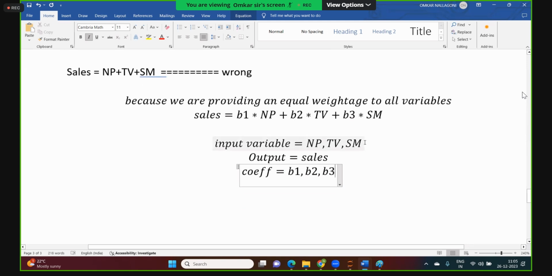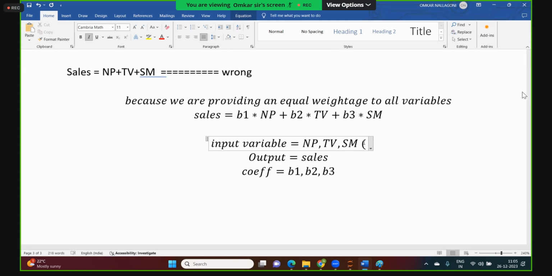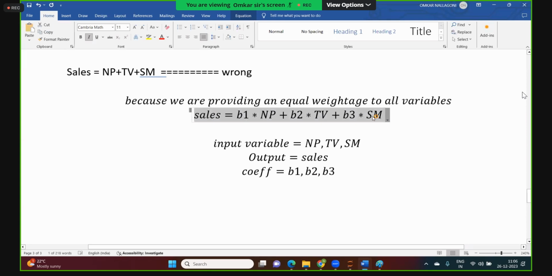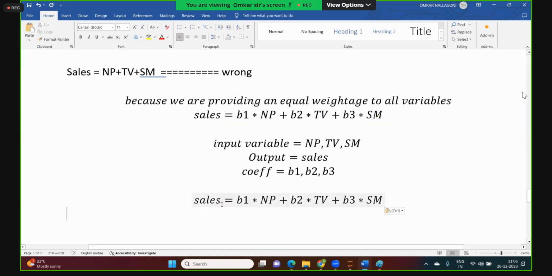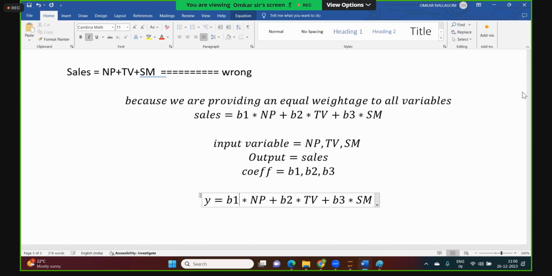Now we can represent these input variables with x1, x2 and x3, and the output variable with y. So what is the generalized equation? Y equal to beta 1 into x1 plus beta 2 into x2 plus beta 3 into x3.